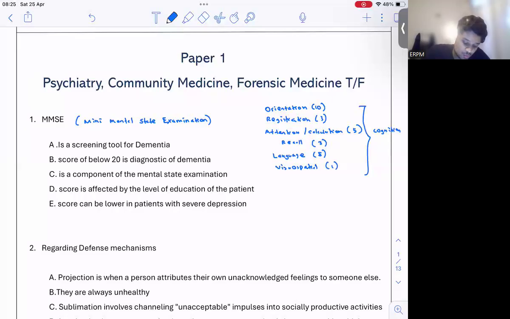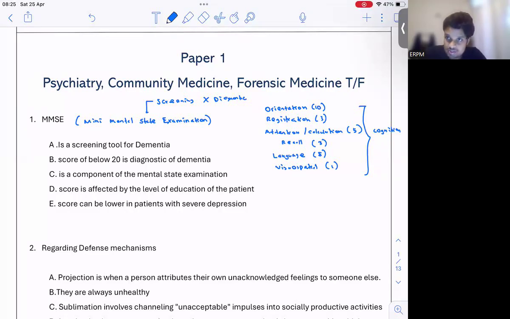A screening tool, and not a diagnostic tool. Why? Because there are several other conditions which can give rise to a low score in MMSE, or in other terms, low cognition. One is delirium. Then pseudodementia with depression.